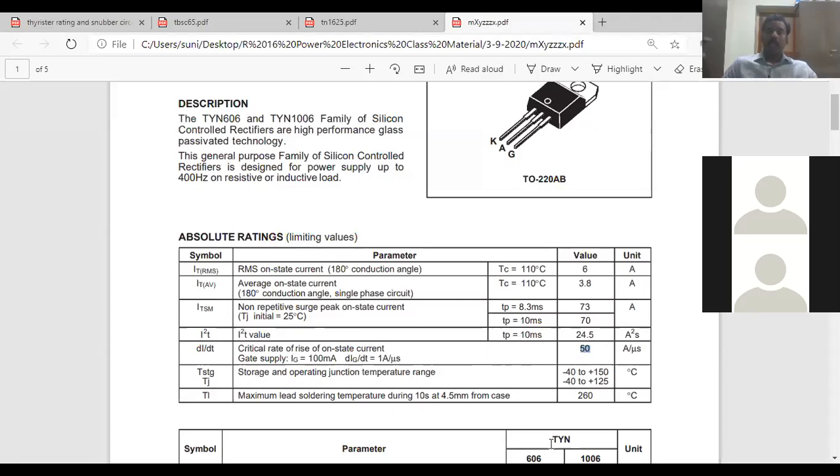You may apply 20 amps per microsecond, 30 amps per microsecond, or 100 amps per microsecond, but the di by dt should always be less than the defined value. So maximum, this particular SCR is safely holding a di by dt rating of 50 amps per microsecond.